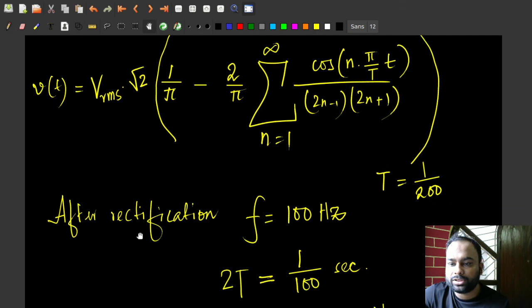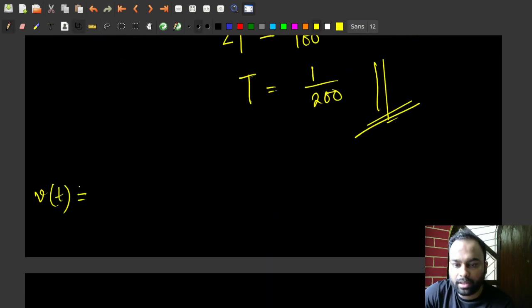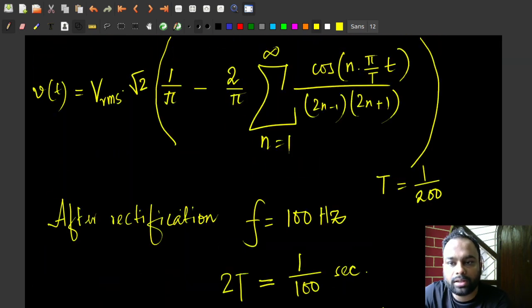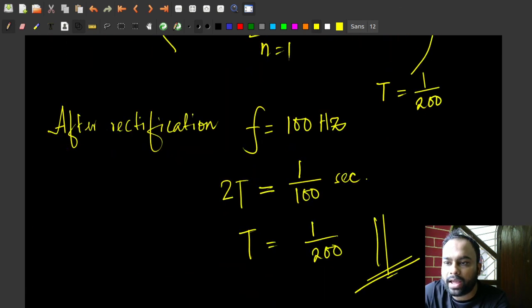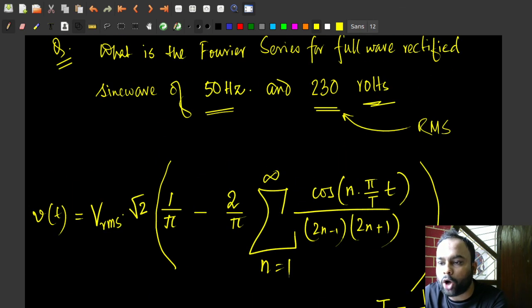So with that said, the expression would be 230 root 2, and then we have 1 by pi, then minus 2 by pi and a summation on n equal to 1 to infinity, and we have (2n minus 1) into (2n plus 1), and on top, instead of t, I would have 1 by 200.